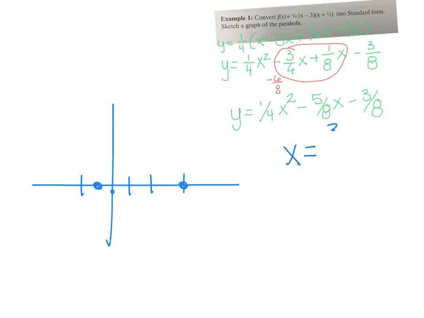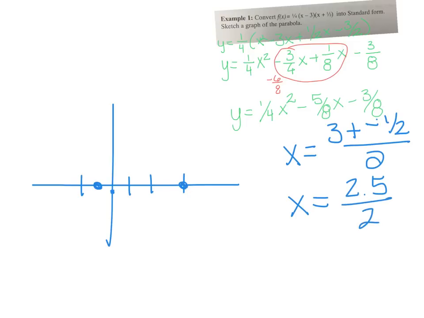I'm going to have a 3 plus a -1/2, all divided by 2. So what I have is x equals 2.5 divided by 2, which is x equals 1.25. So probably right there-ish, I'm approximating. And then you can just sketch out your parabola.